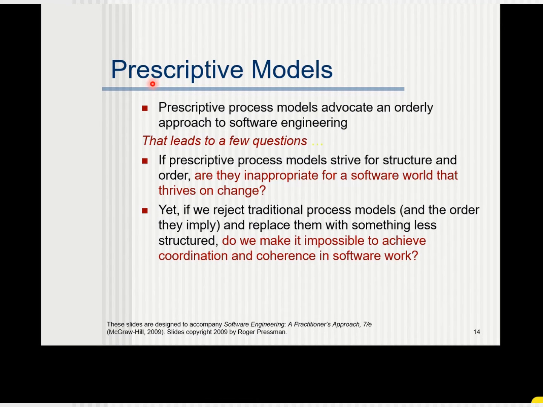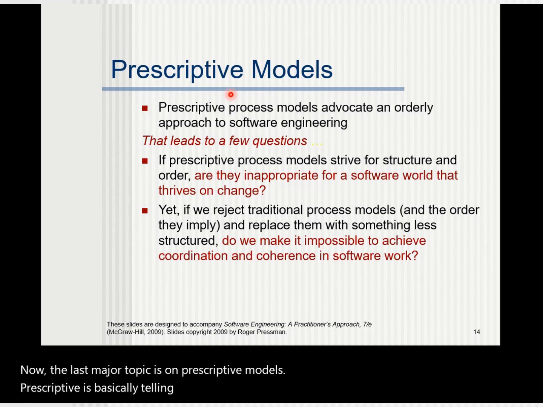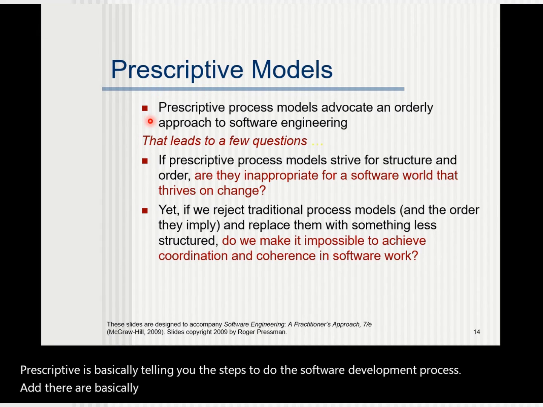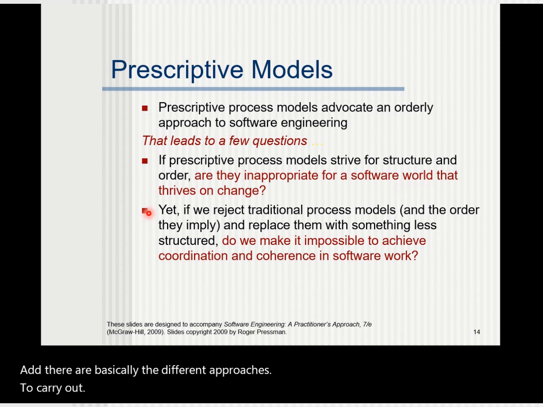Now the last major topic is on prescriptive models. Prescriptive is basically telling you the steps to do the software development process, and there are different approaches to carry out the software process, which we term as the category of process models.